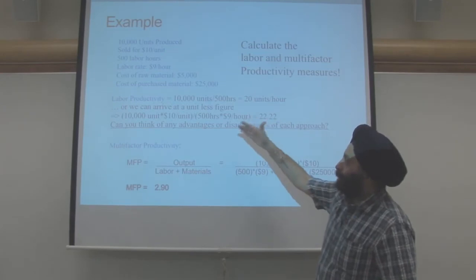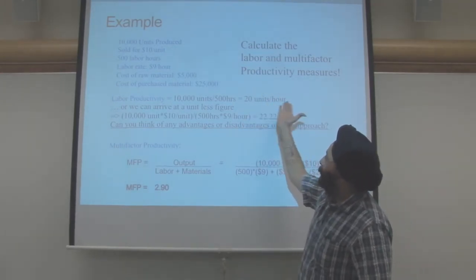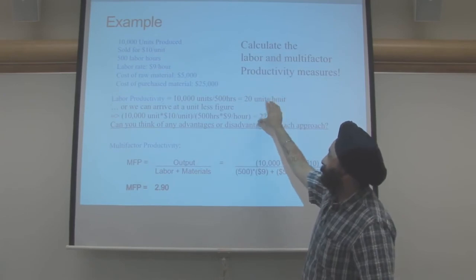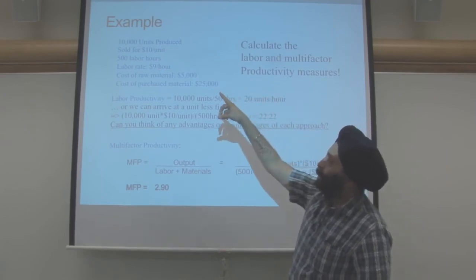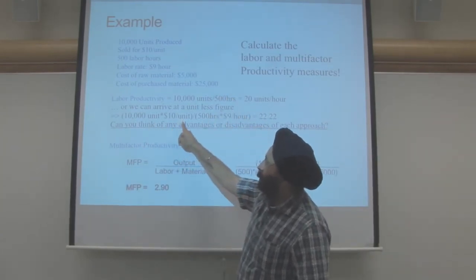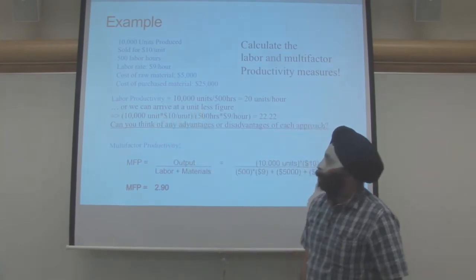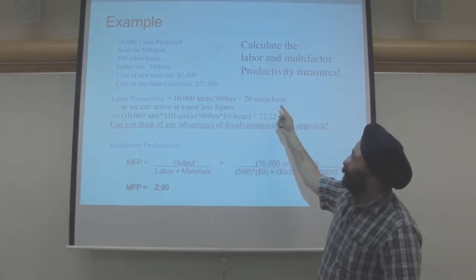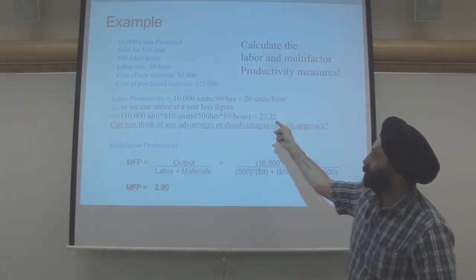Or you can arrive at a unitless figure. Right now the units are units per hour, but we can convert everything into dollars. We know we can sell each unit for $10, so this becomes 10,000 units times $10 a unit, which is $100,000 generated in output. And how much did it cost us to provide 500 hours of labor?